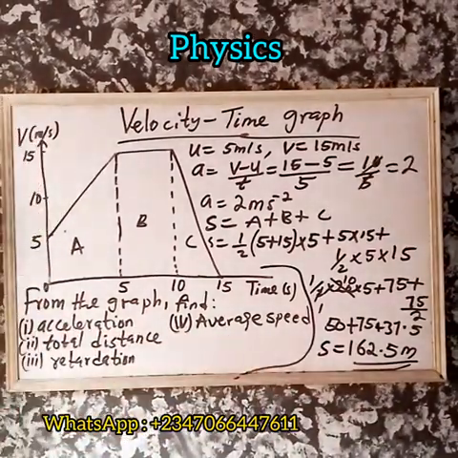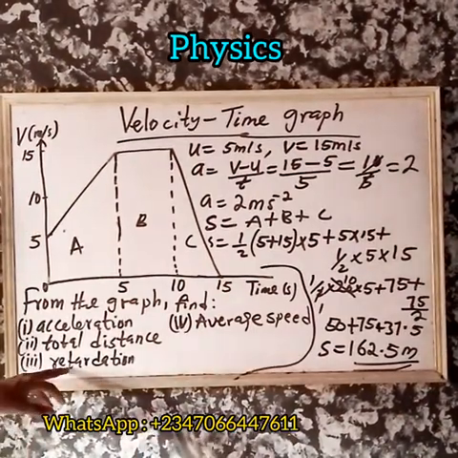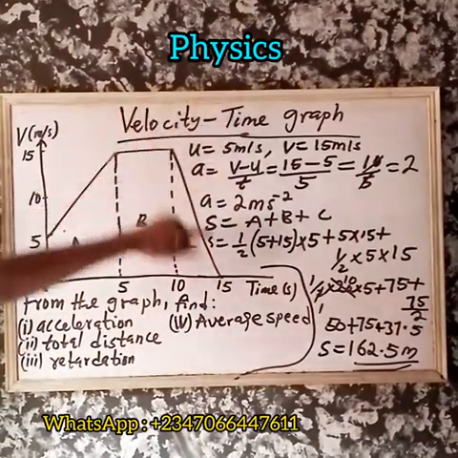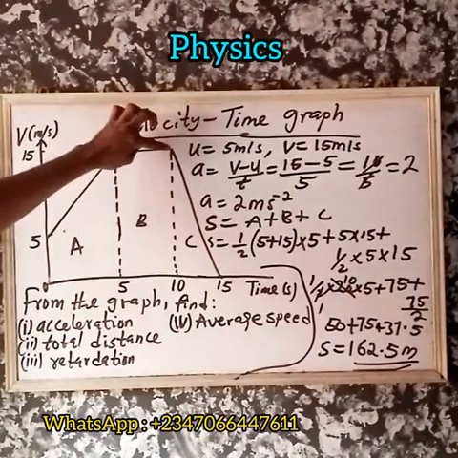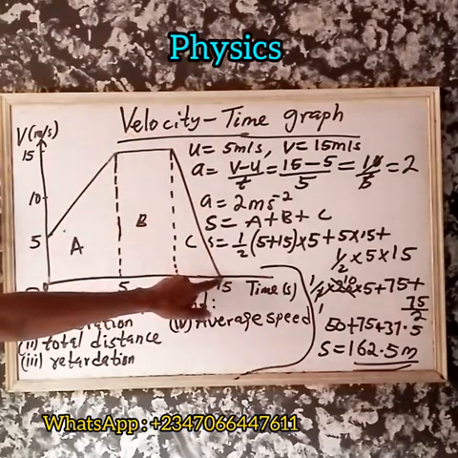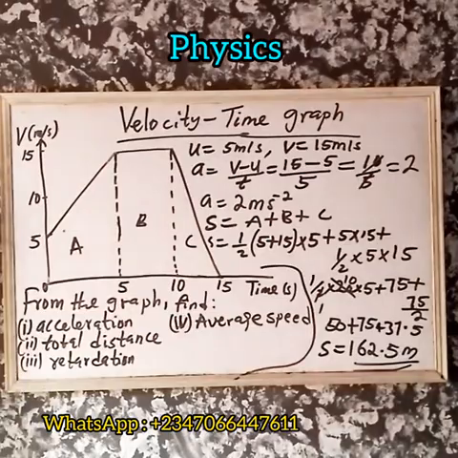Now let us go to the third one. It says retardation. Now retardation, this is where we have retardation at this point here. Now the velocity begins to decrease, and as you get to this point, the final velocity becomes 0, right?